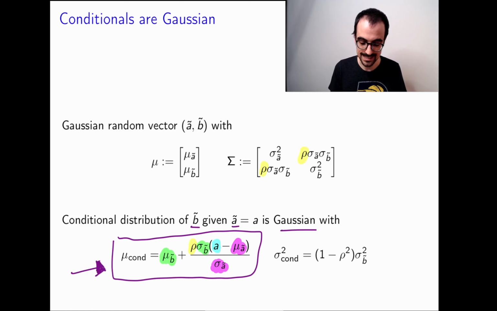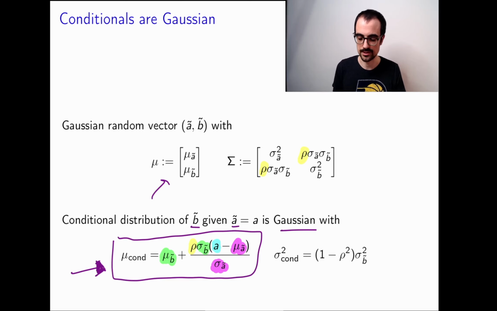Just in case this is not obvious, this is the conditional mean. So this is the best nonlinear estimator of B given A. In this case, the best nonlinear estimator of B given A is exactly the same as the best linear estimator of B given A. So for Gaussians, linear estimation is optimal. The reason is that for Gaussians, the relationship between the entries of a Gaussian vector is purely linear.